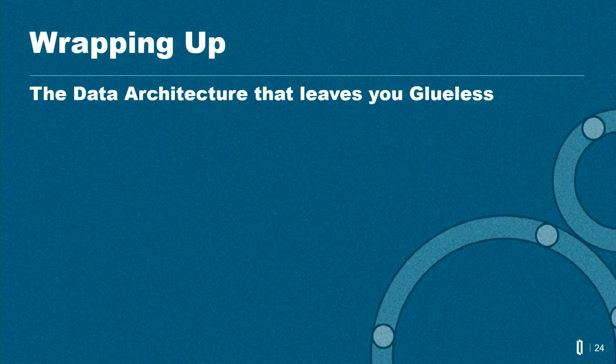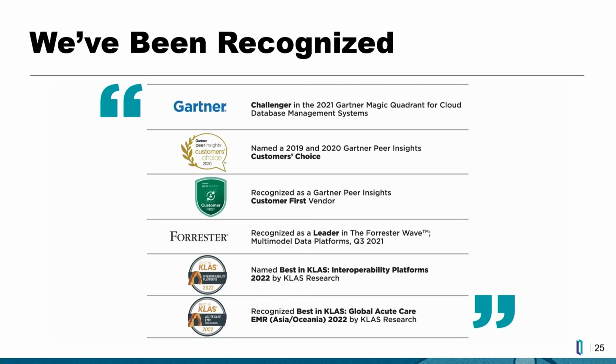It's obviously easy for me to talk about all the wonderful things that InterSystems IRIS does, but I tried not to boast too much about my kids. I did boast a little bit about InterSystems, but analysts are also recognizing us for the capabilities that our platform offers, the integrated capabilities. Gartner is calling us a challenger.